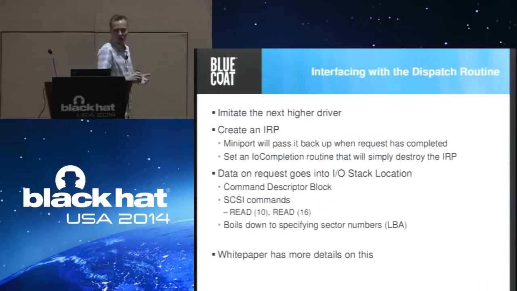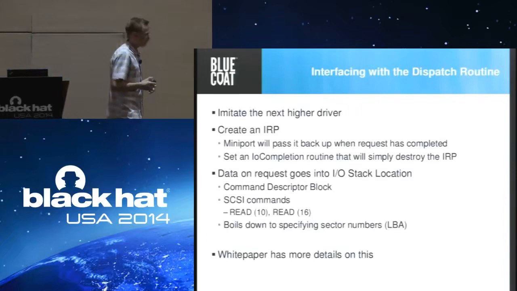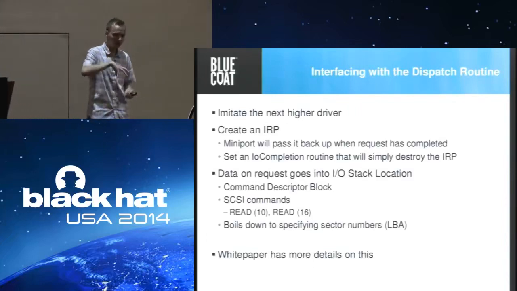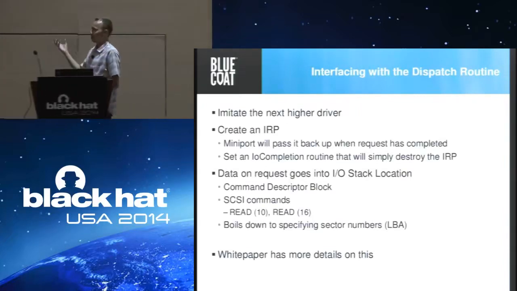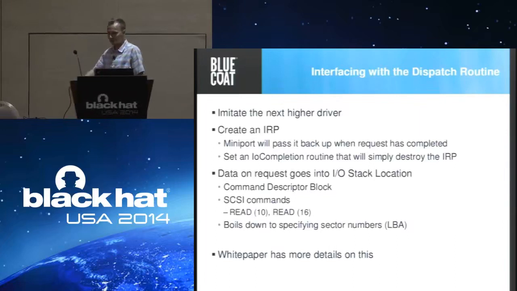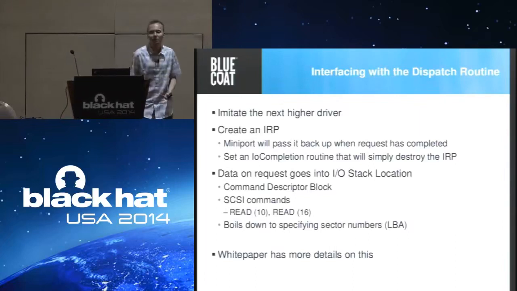So just a few points on how you actually interface with the dispatch routine. You pretend like you're the driver that sits just on top of the miniport driver. Normally, the miniport driver will expect an IRP to be passed down to it, and when it's done, it will pass it back up.